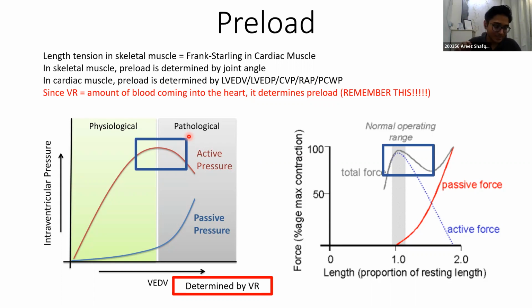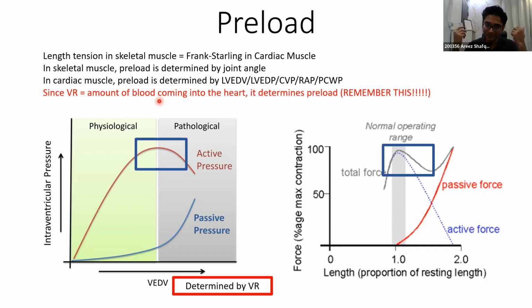Now I'm going to explain something and you tell me if this makes sense. Venous return determines the amount of preload on the heart. Does that make sense to everyone? Yes. Venous return determines the amount of preload to the heart because venous return determines the amount of blood coming back to the heart. The more venous return you have, the more blood comes into the heart.